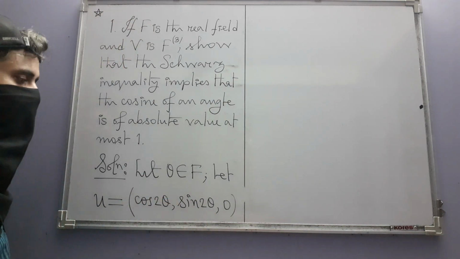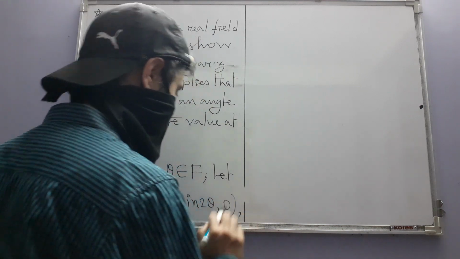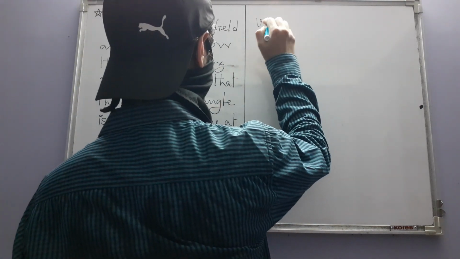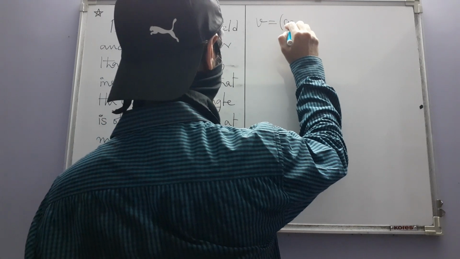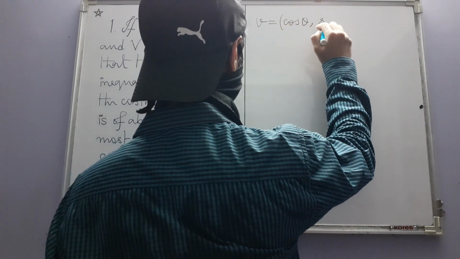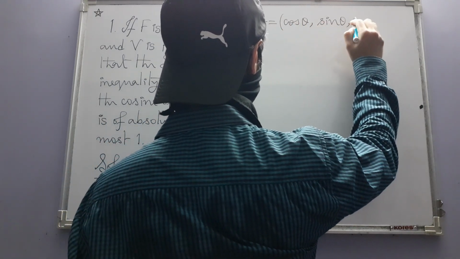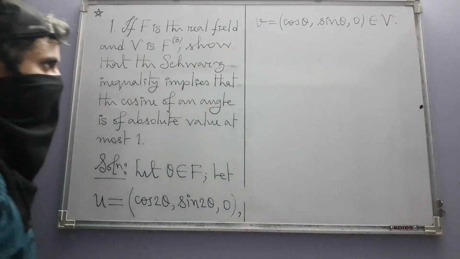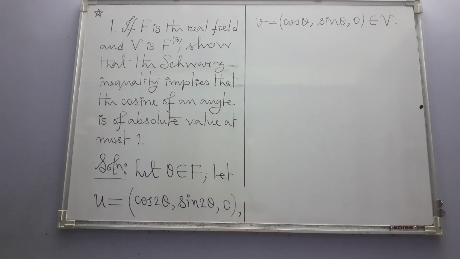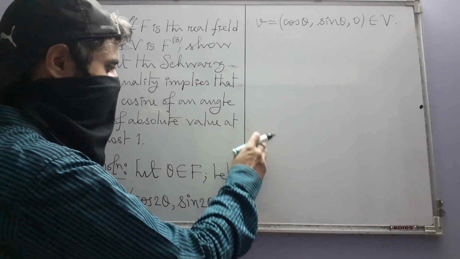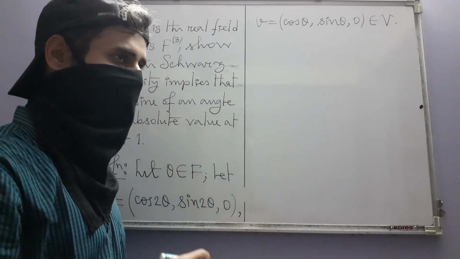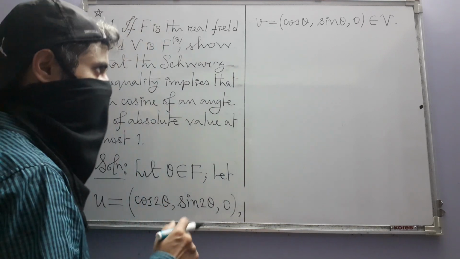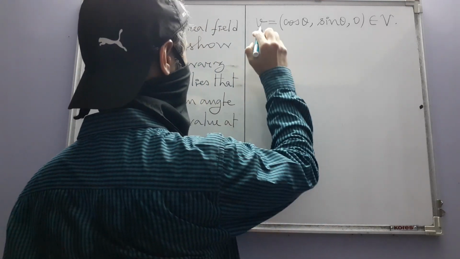These are of course real numbers, and the other one is v = (cos theta, sin theta, 0) in V. Now our aim is to show that the absolute value of cos theta is less than or equal to 1. So let's consider the absolute value of cos theta.